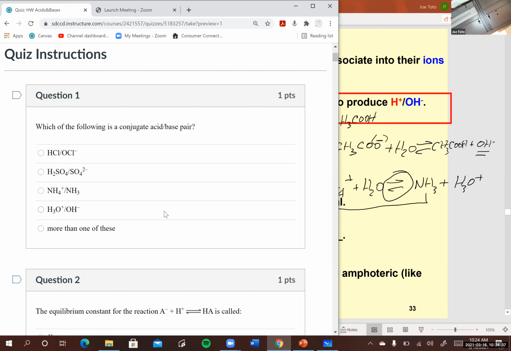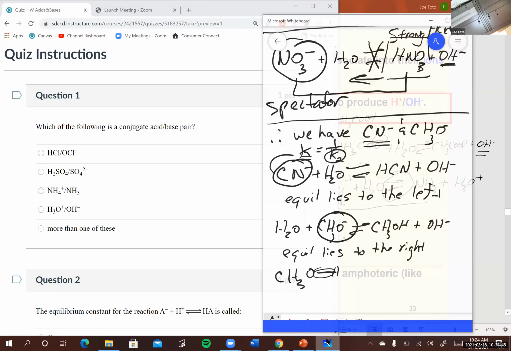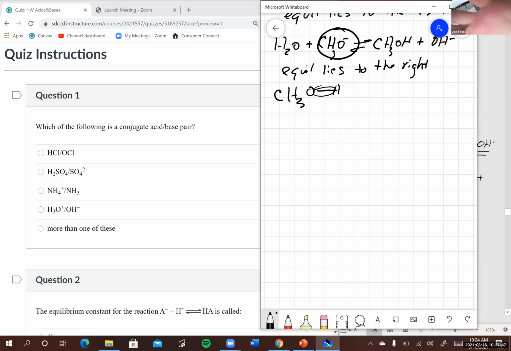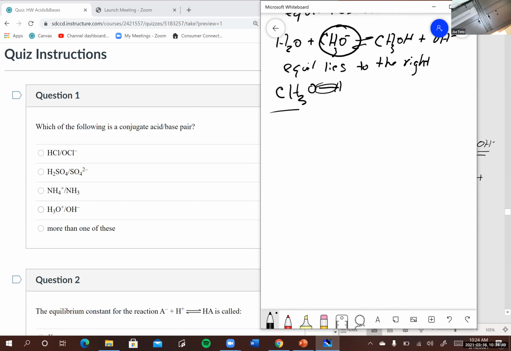Which of the following is a conjugate acid-base pair? Okay, so I got to think back to my definition of conjugate acid-base pairs. And I know they differ by 1 proton in a reaction.